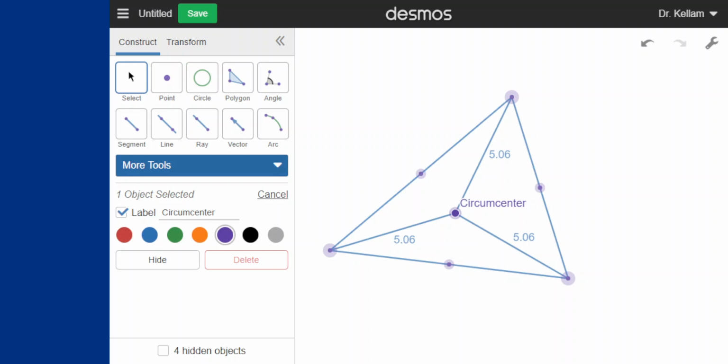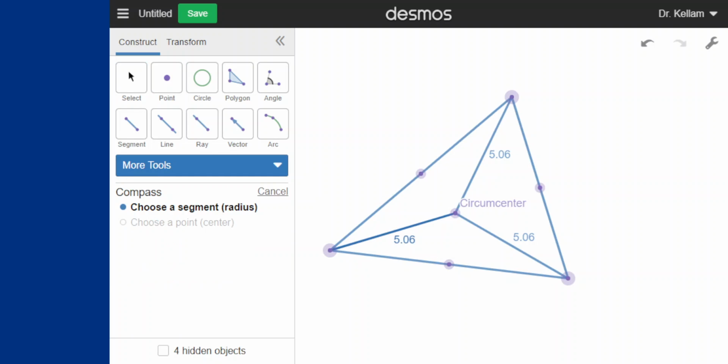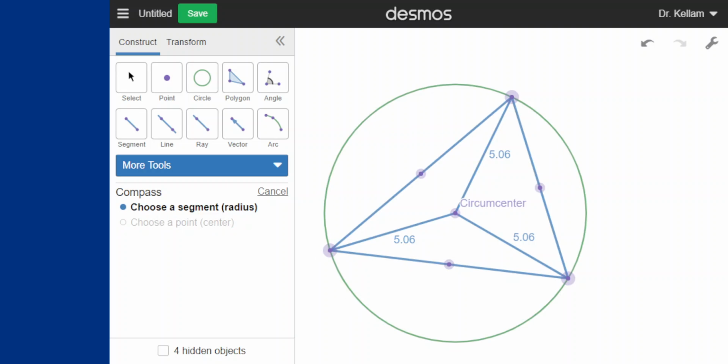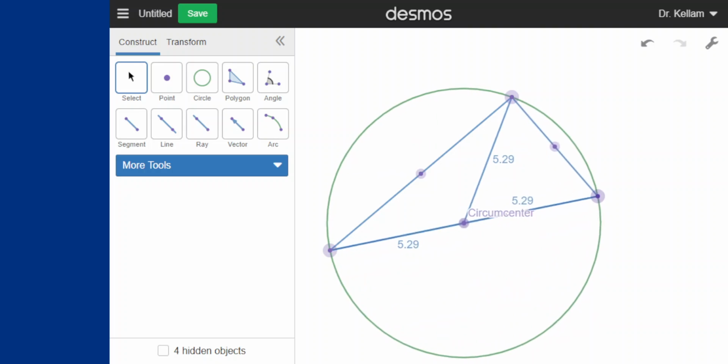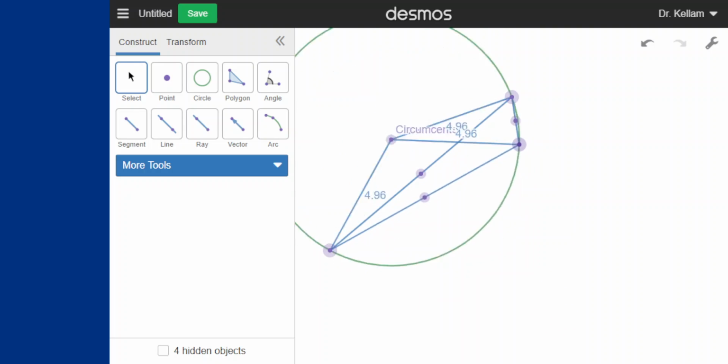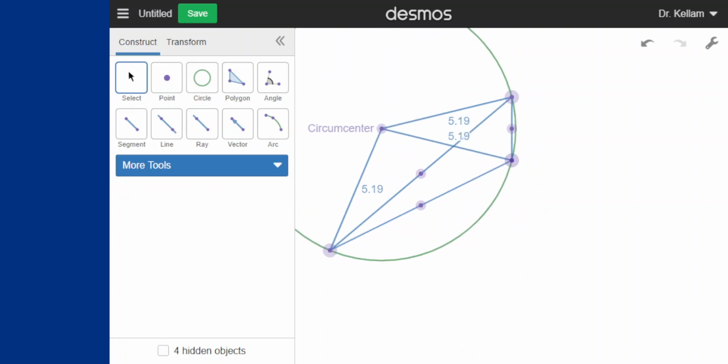So what does this actually do? Well, it acts as the center of a circle that is circumscribed. So that circumcenter is always going to be at the center of the circle.